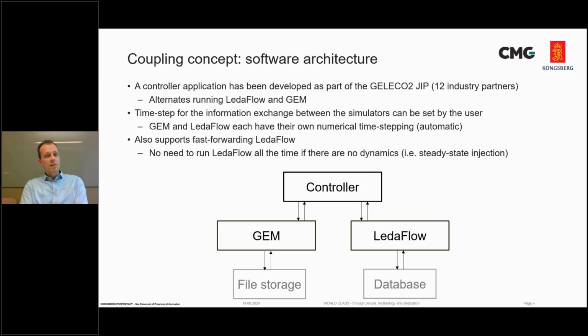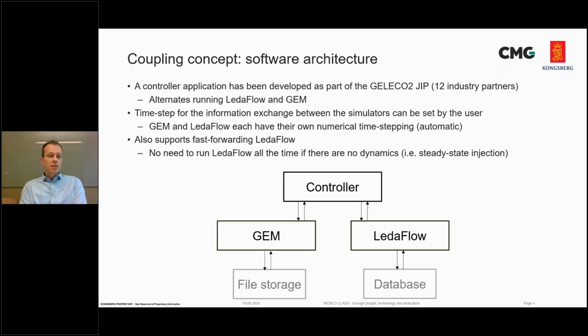Then the coupling concept, the software architecture is as follows. What we have done in the CO2 JRP, which is an R&D project with 12 industry partners, is to develop a controller application that combines the two simulators. Essentially what it does is alternately run LedaFlow and GEM.